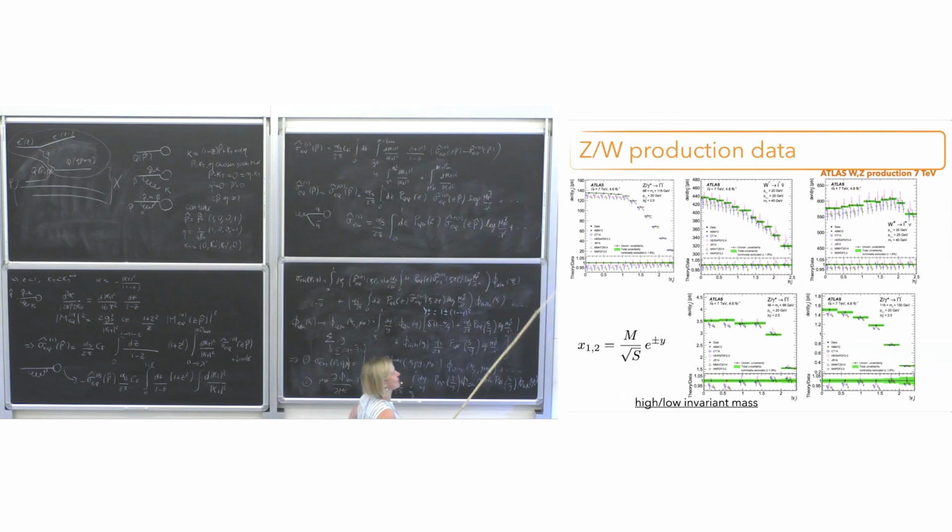I don't want to be too fast, but if you're interested in some process, you can come back to me. But how do I look at what are the x that are constrained, for example, by a measurement of the production of Drell-Yan? This is simple, you have the parton formula: x is the mass of the produced particle over the square root of the center of mass energy, times e to the plus or minus the rapidity. So if you want to constrain larger values of x, you go to larger invariant mass.